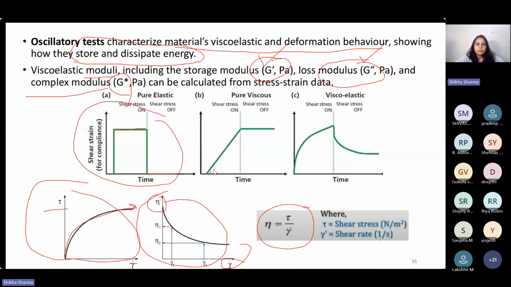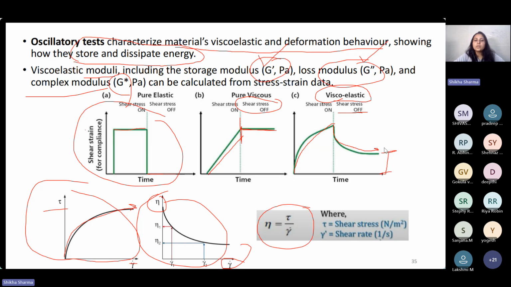The viscous component is when we apply the stress, it is under some strain, but when we remove that stress, that strain continues. In a viscoelastic material, when we apply shear stress, the shear strain will increase first, and when we remove the shear stress, it will try to get back to the original form somewhat, but after certain time it will not.